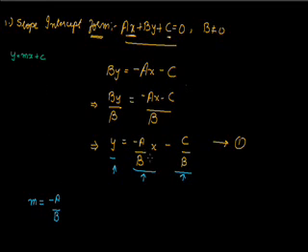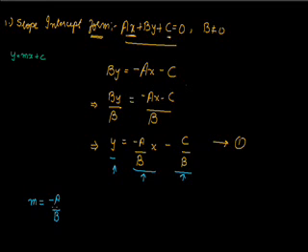Friends, here we are comparing the term with variable x of equation number 1 with the term with variable x of our slope intercept form. I can see mx, and over here minus a upon b of x. So by comparing these two equations, I get m is equal to minus a by b.